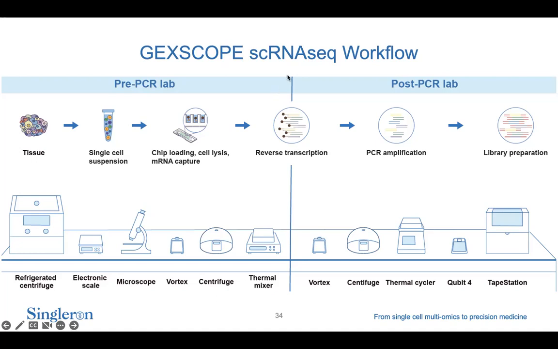Now you can see that this whole workflow is split into two parts. So basically, the pre-PCR part and the post-PCR part. So why is that important? If you haven't done any NGS libraries before, you should know that if you do PCR, there may be a lot of DNA, a lot of PCR products up in the air.